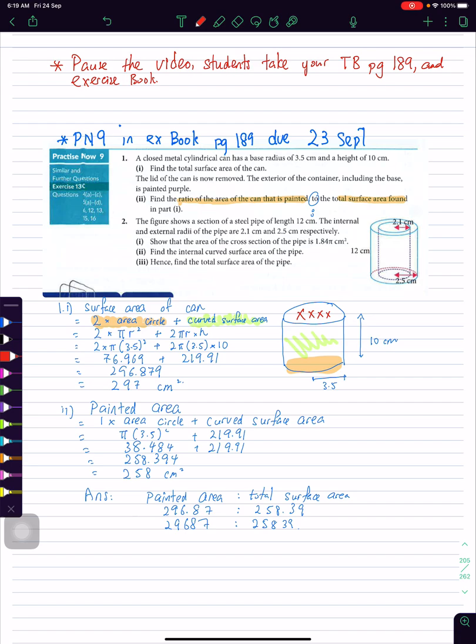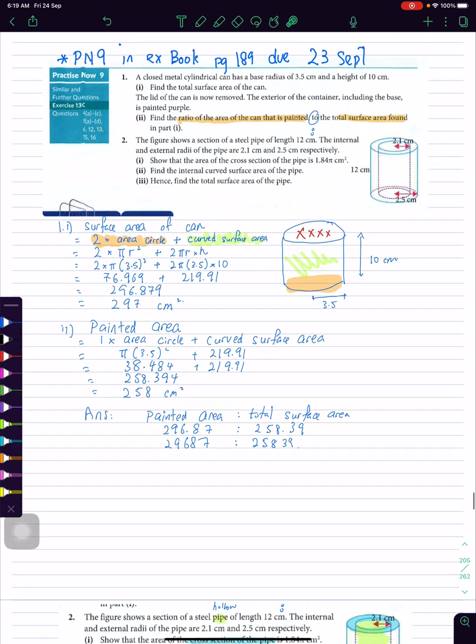So similarly, I need to find out the area of the circle, but instead of 2, now I only have 1. Alright, and then I add the curved surface area, which is the same as what we have found in part 1. So pi times radius plus the curved surface area, I'll get the painted area, right?